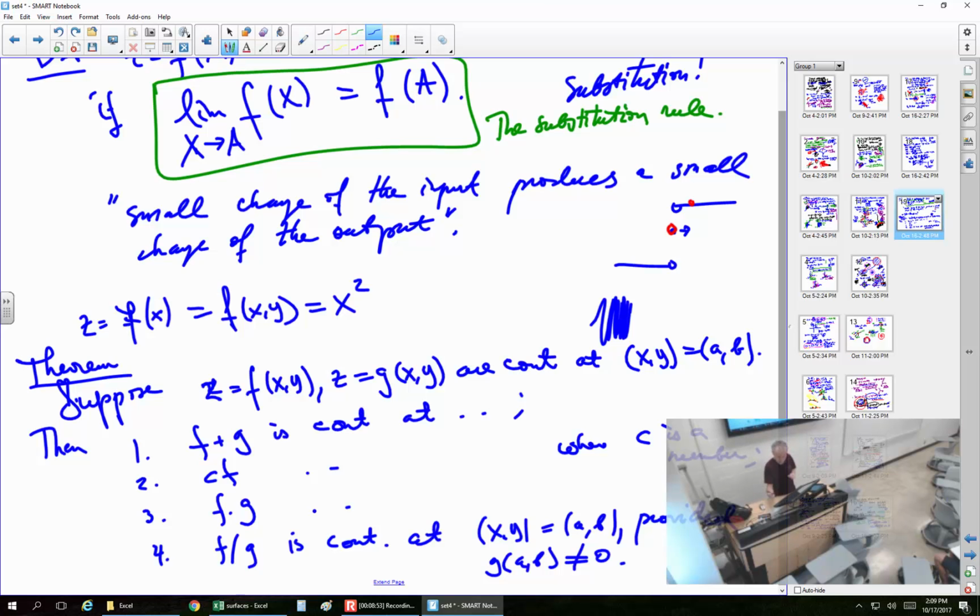Meanwhile, the global properties are important just like they were in Calculus 1.